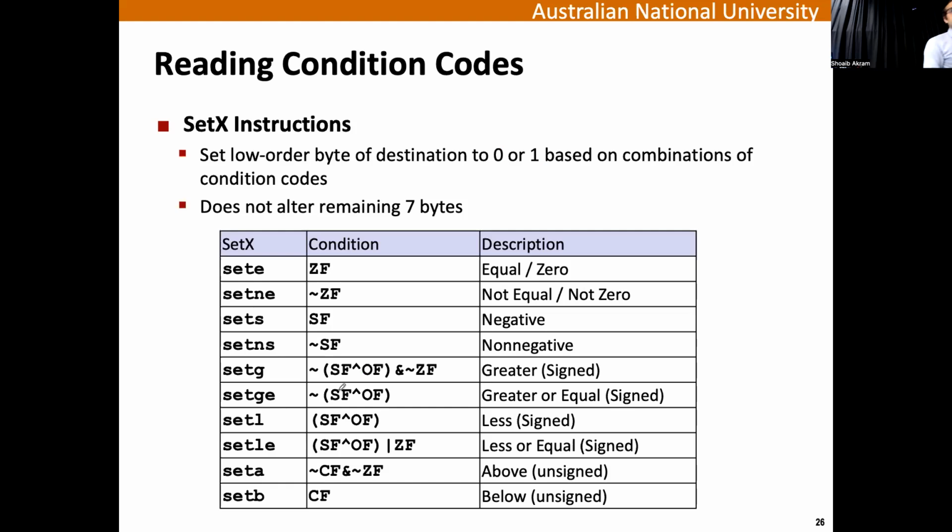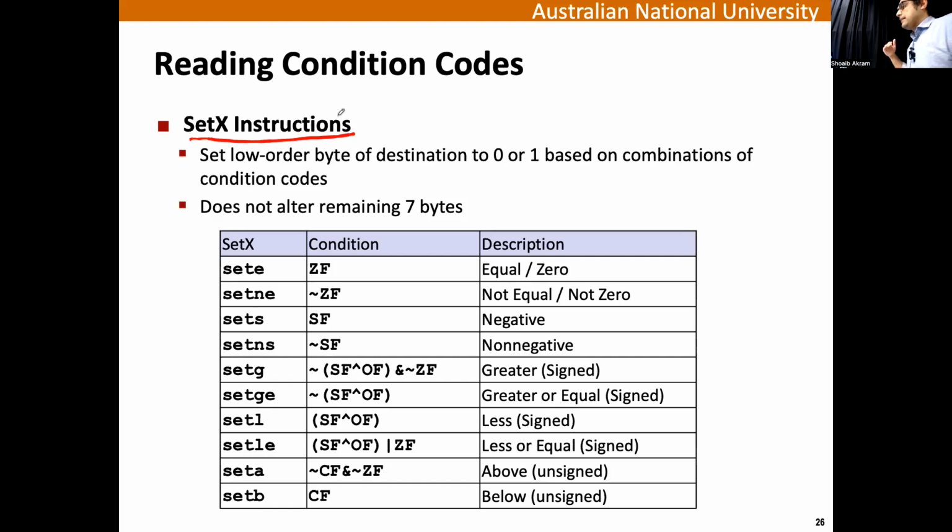So condition codes are set implicitly for most arithmetic instructions except lea. We can explicitly set condition codes using testq and cmpq. The point is, how can we read the condition codes? There are different ways of doing that. So let's look at the setX instructions.